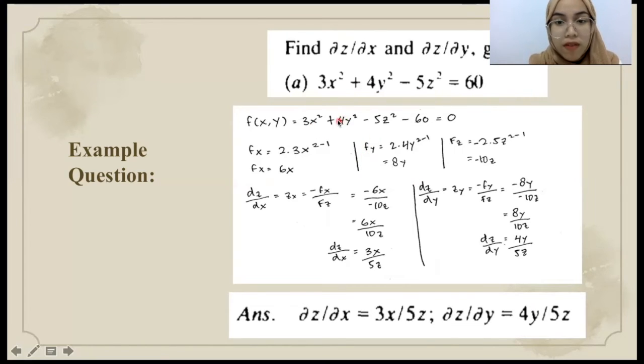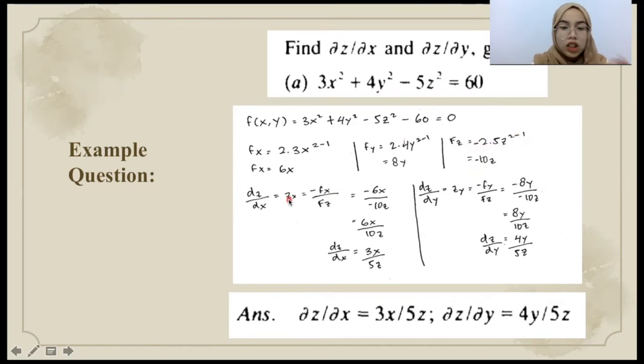So the derivative of 4y squared is 2 times 4y to the power 2 minus 1. So the result is 8y. For fz, we have to treat things other than z as constant. So the derivative of minus 5z squared is 2 times minus 5z to the power 2 minus 1. So the result is minus 10z.